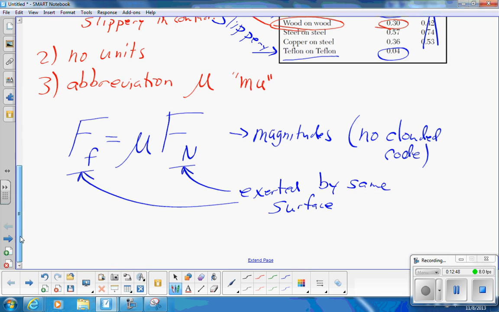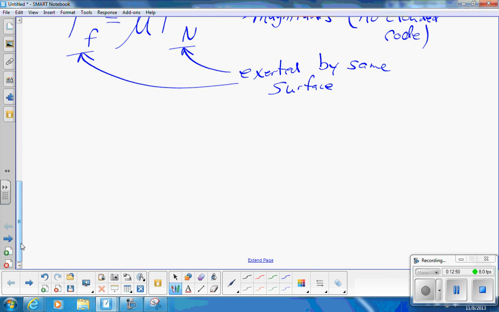Okay, how do we actually use it now? Let's take a look at an example problem. This will be example number 1. And a very simple problem using this formula would go something like this.